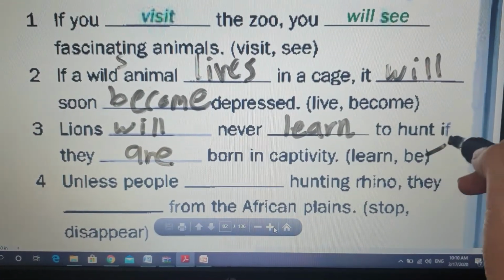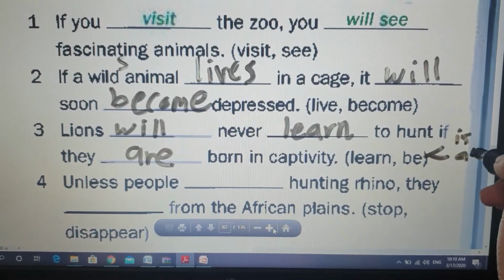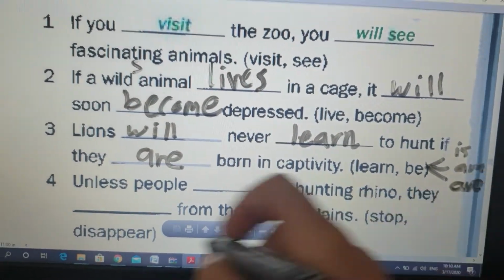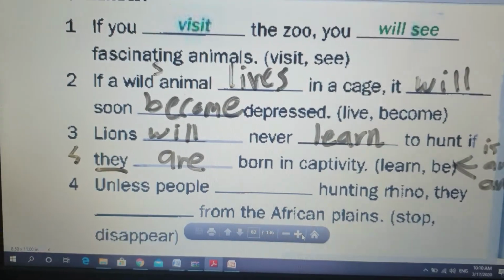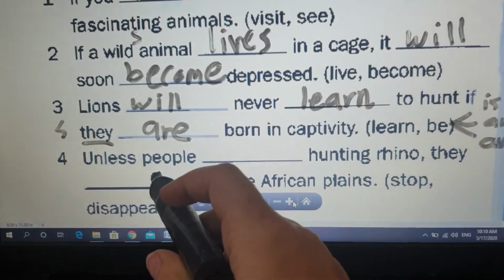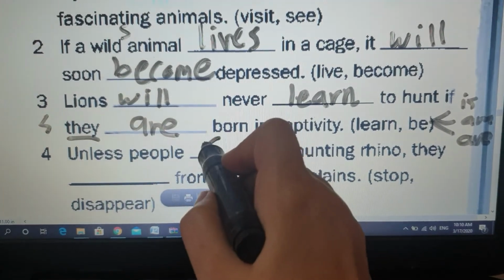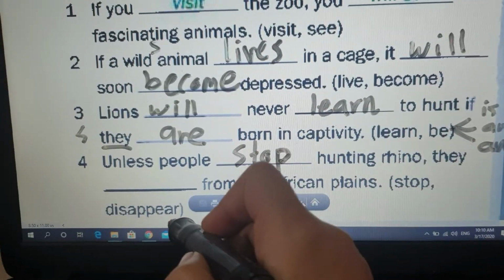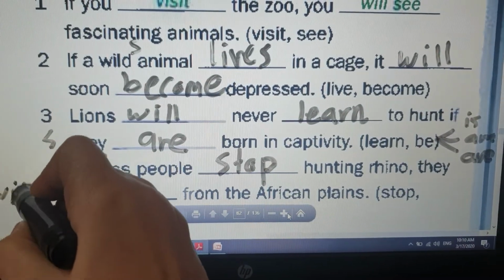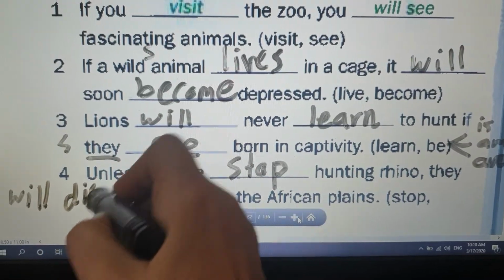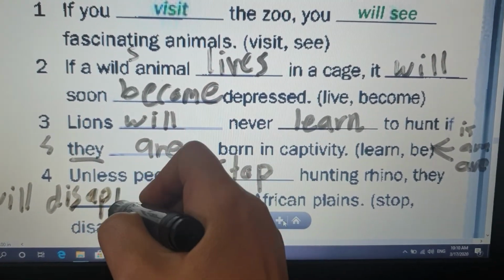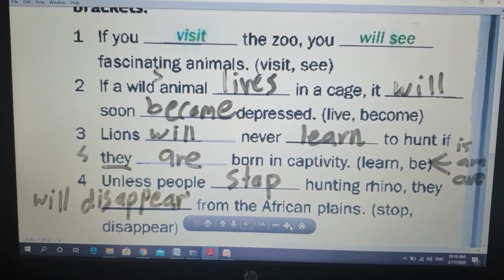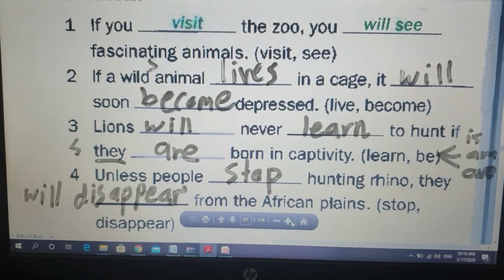Remember, be means is, am, and are. It depends on the subject. Unless people stop hunting rhino, they will disappear. I hope that you understand everything. Thank you very much.